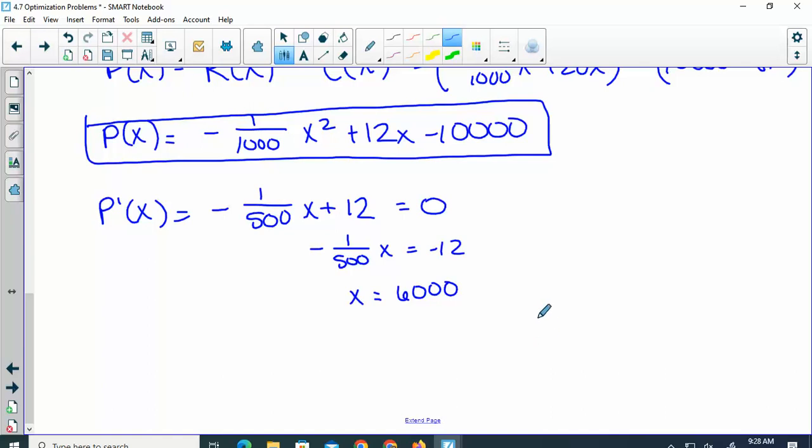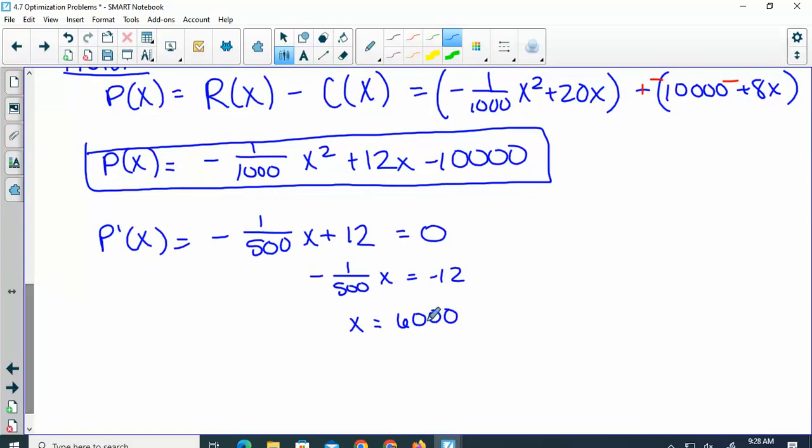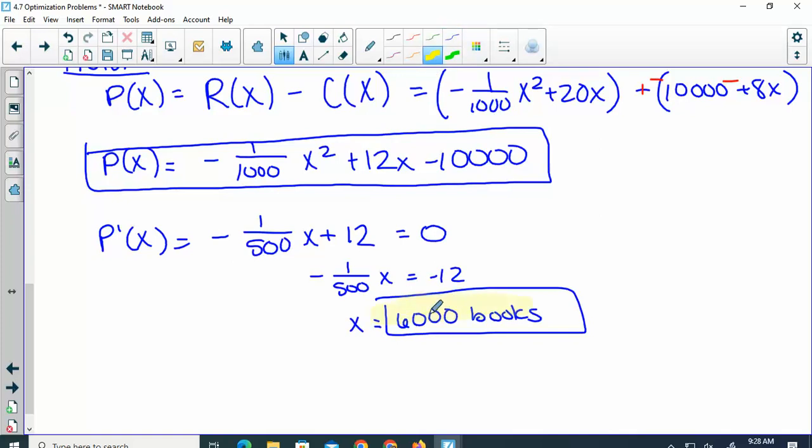And we get 6,000. Remember, x was the number of books. So that means I will make my maximum profit when I produce 6,000 books. So that was the first question. How many copies? We need 6,000.